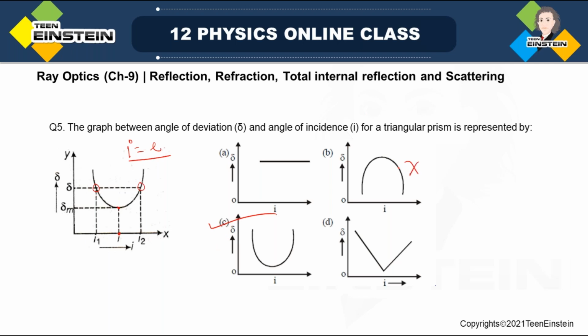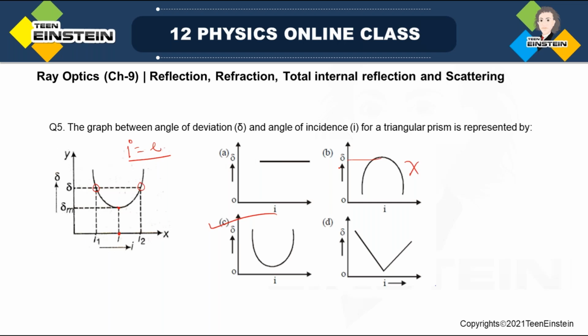This is not the one, so you should not get confused, because angle of deviation has to be minimum at a certain point, and that's where we use the prism for dispersion or other applications.